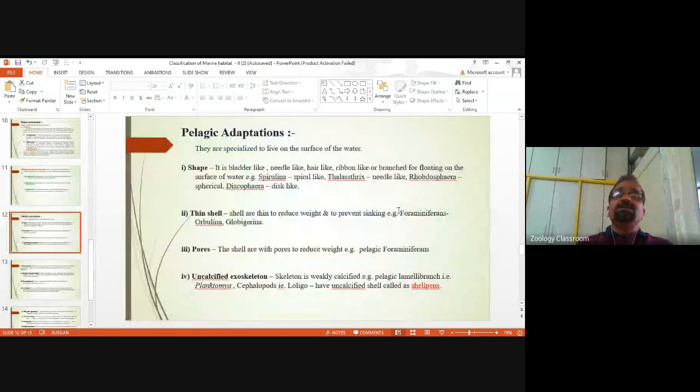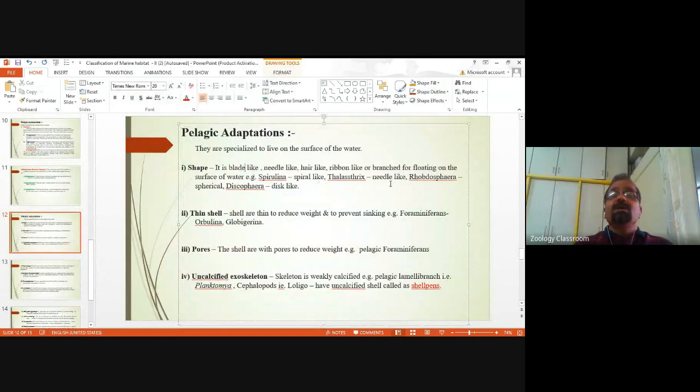It is not a bladder, it is blade-like, needle-like, hair-like, ribbon-like, or branched for floating on the surface of the water.